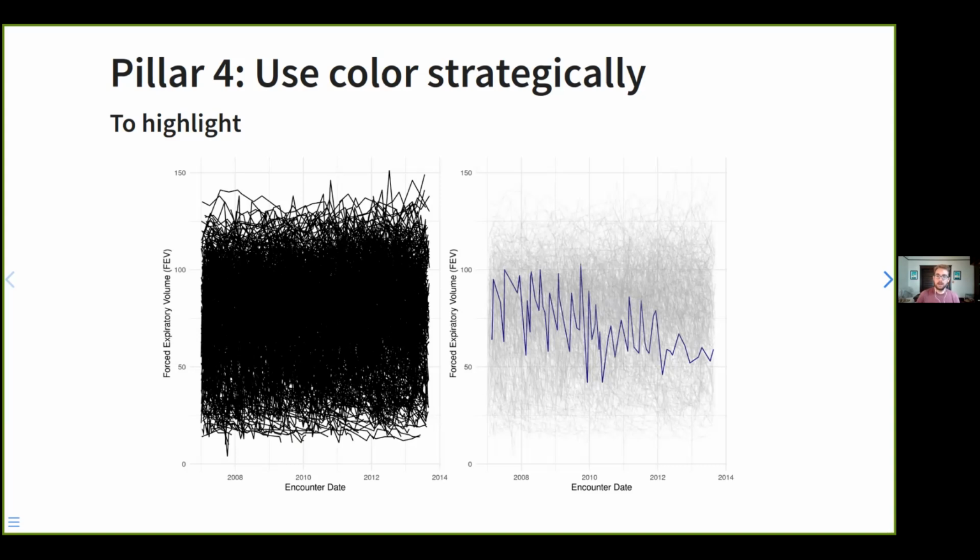At the same time, instead of removing all the other data points, I've grayed them out, which still shows the data and gives people confidence that you're not hiding anything, but allows people to see beyond this tangled mess of black lines. So this is an example of using color to highlight a particular point you might want to make.